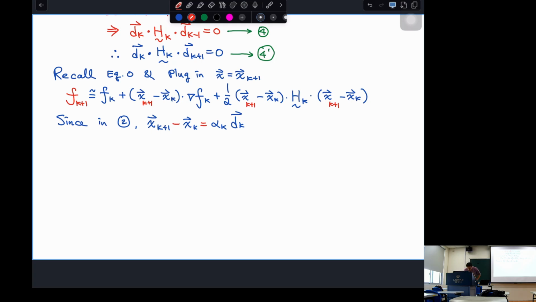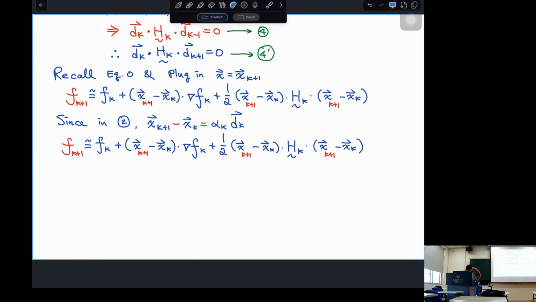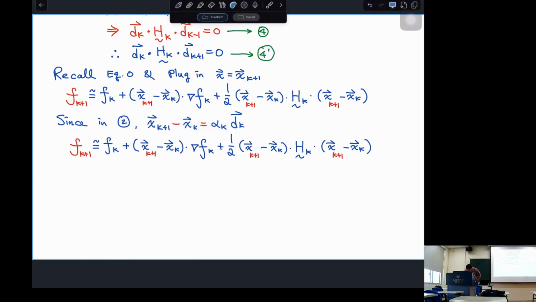So now this new equation becomes, copy, paste. So you end up with a new equation like this, but inside, these are being replaced.